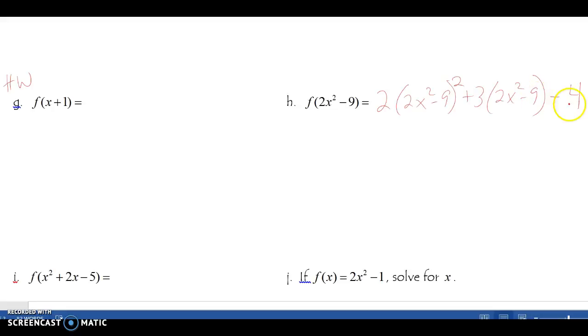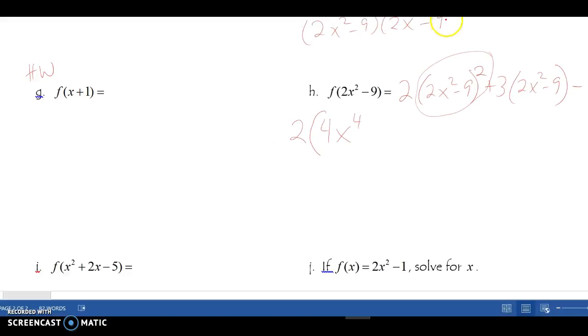Now it's a matter of doing the algebra. We need to follow order of operations, so we need to do the squared part first. So that squared would end up being 4x to the 4th. I'll do it up here. Remember, that's what squared means, times itself.